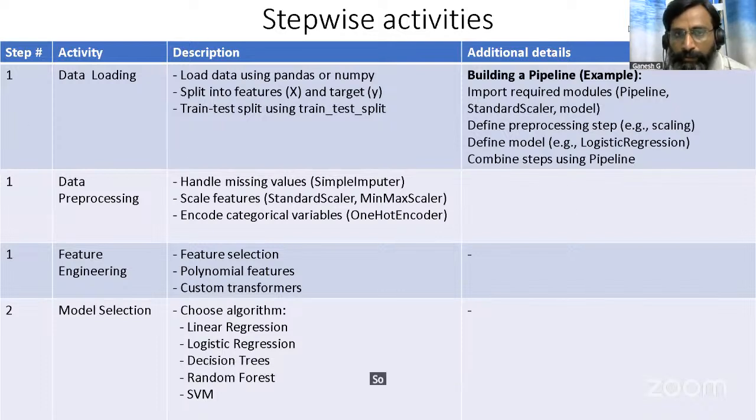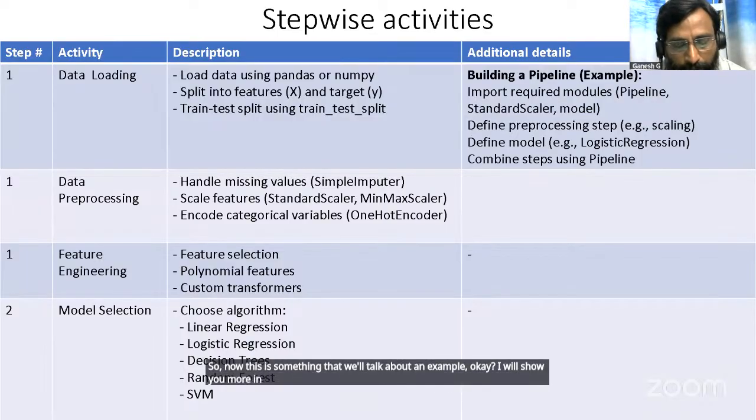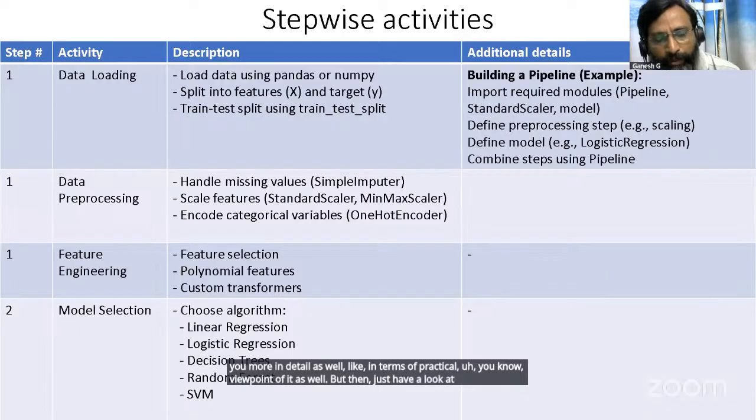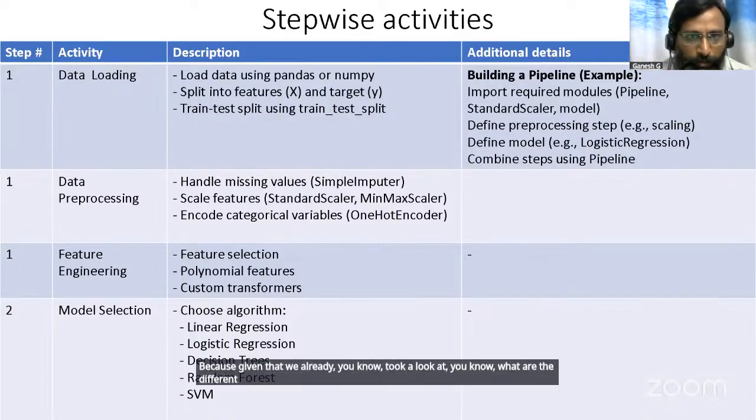Now this is something that we'll talk about with an example. I will show you more in detail from a practical viewpoint as well, but just have a look at it for now, given that we already took a look at the different activities supported within the pipeline itself. So this will just give one glimpse of it.